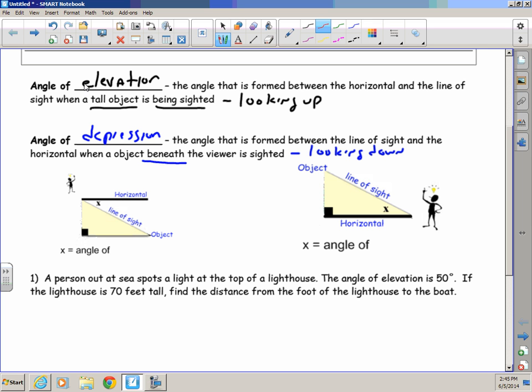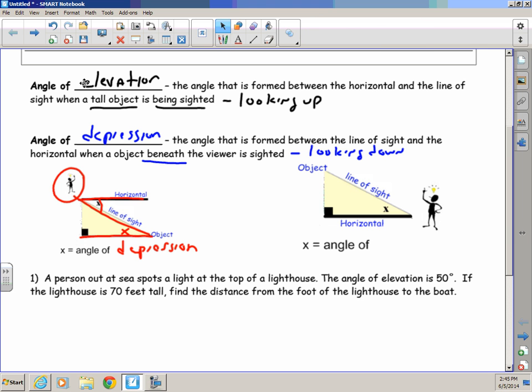So if you look at the first picture, here's the person, their line of sight is going down. That's the angle of depression. The key, that angle is outside the right triangle. The good news is the angle here right inside is equal to it because you have parallel lines cut by a transversal.